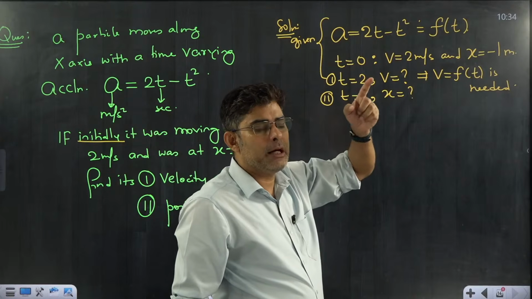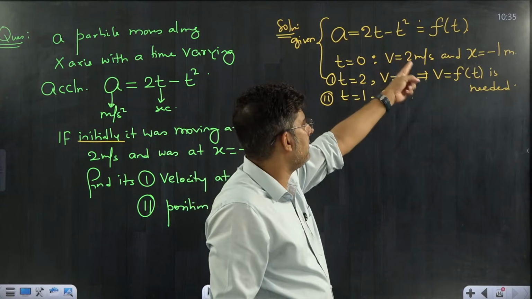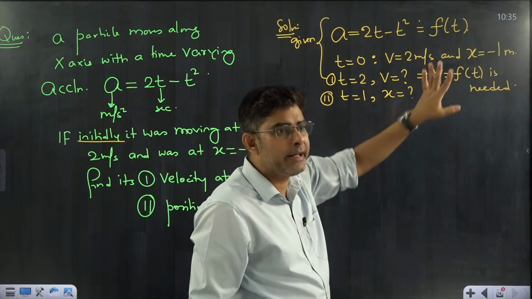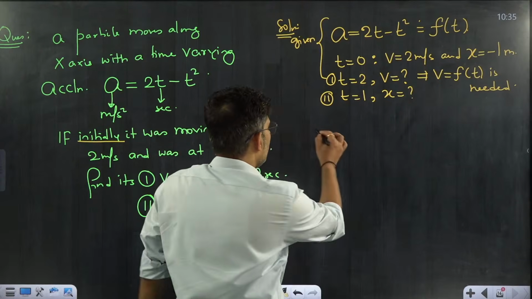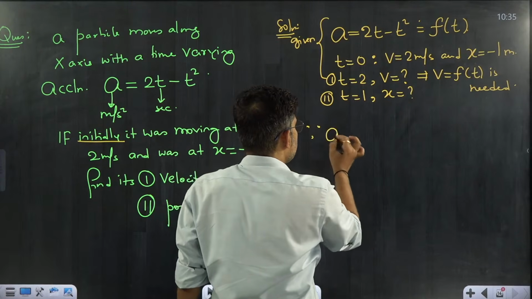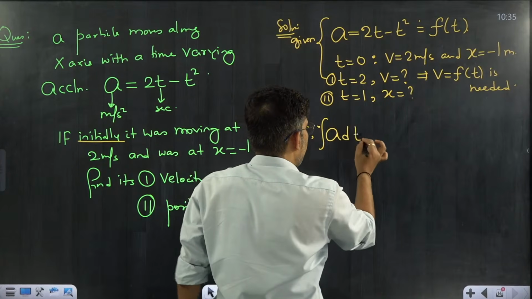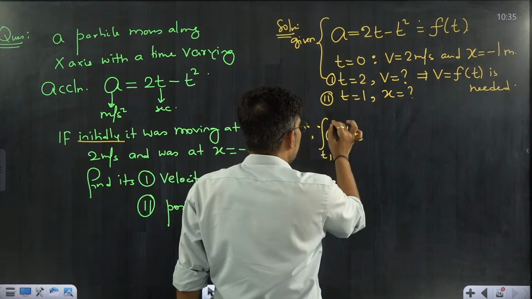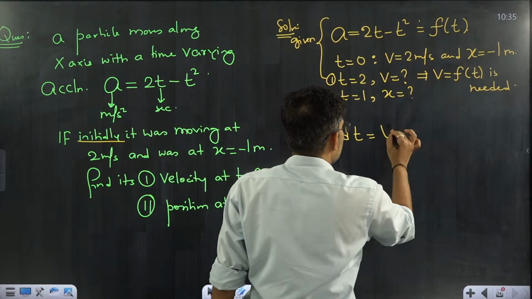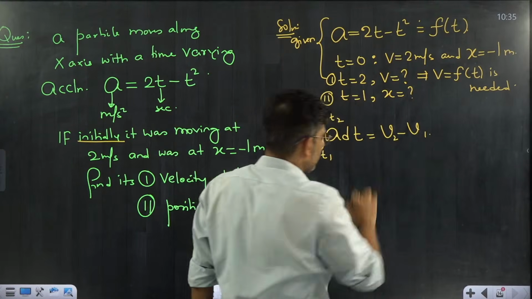So immediately it will come to my mind, acha, acceleration is given and velocity is required. That means I have to integrate. I know the integration of acceleration with respect to time from t1 to t2 will give you the change in velocity, that is v2 minus v1. Did I say this?